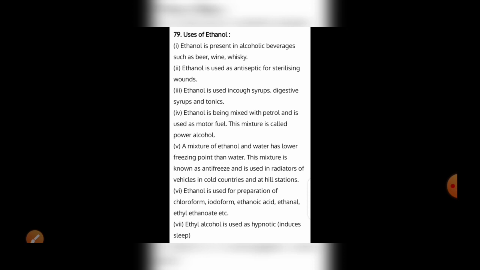Okay, next, ethanol is used in the preparation of chloroform, iodoform, ethanoic acid, ethyl ethanoate, etc. These are used. Okay, next, ethyl alcohol is used as a hypnotic. You know very well, it is one of the drugs we use in hospital, they give a sleeping dose, there it is used.